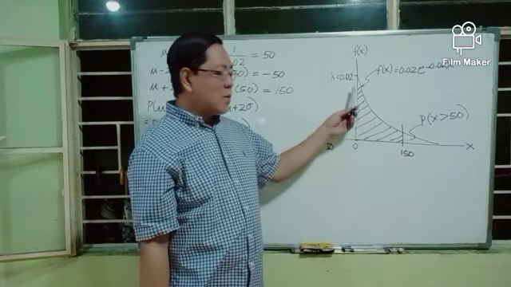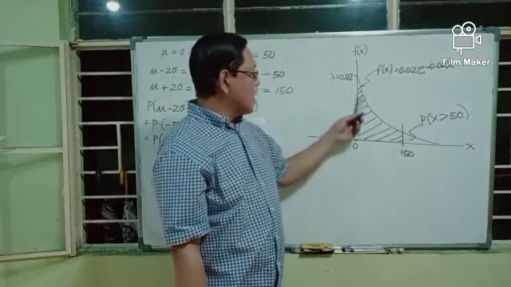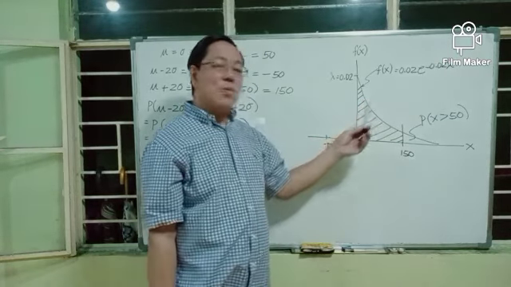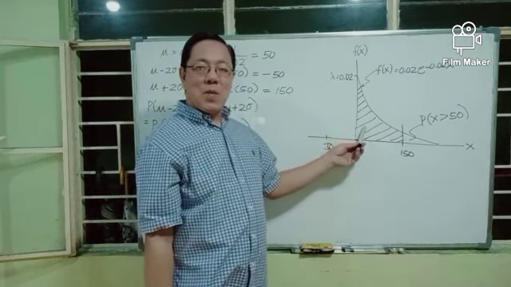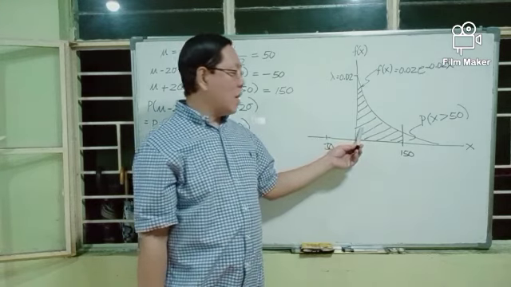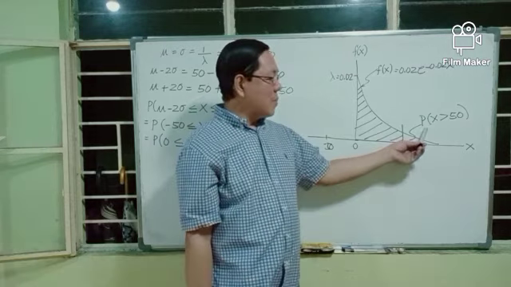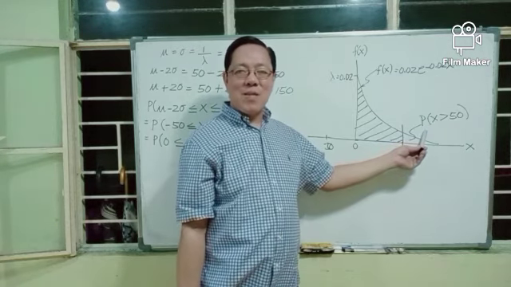And we know that the total area under this curve with equation given by this probability density function is equal to 1. Therefore, the area of this shaded part is equal to 1 minus the area of this unshaded part, which is the probability that x is greater than 150.